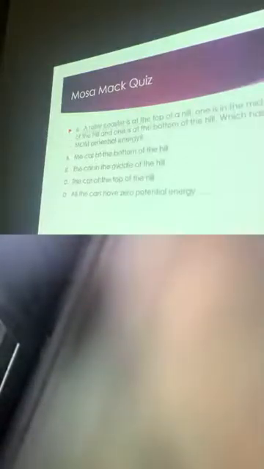Okay. Read number 6 for us, please. A roller coaster car is at the top of a hill, one is in the middle of the hill, and one is at the bottom of the hill. Which has the most potential energy?